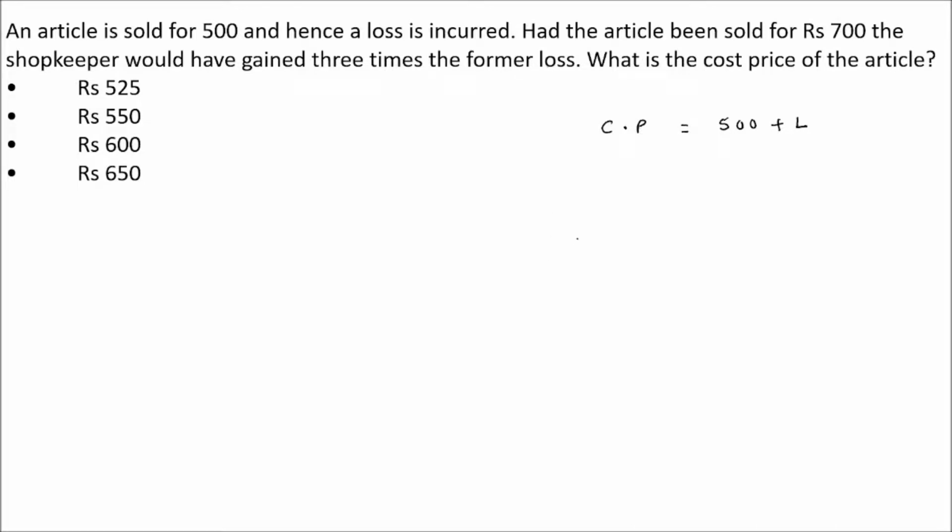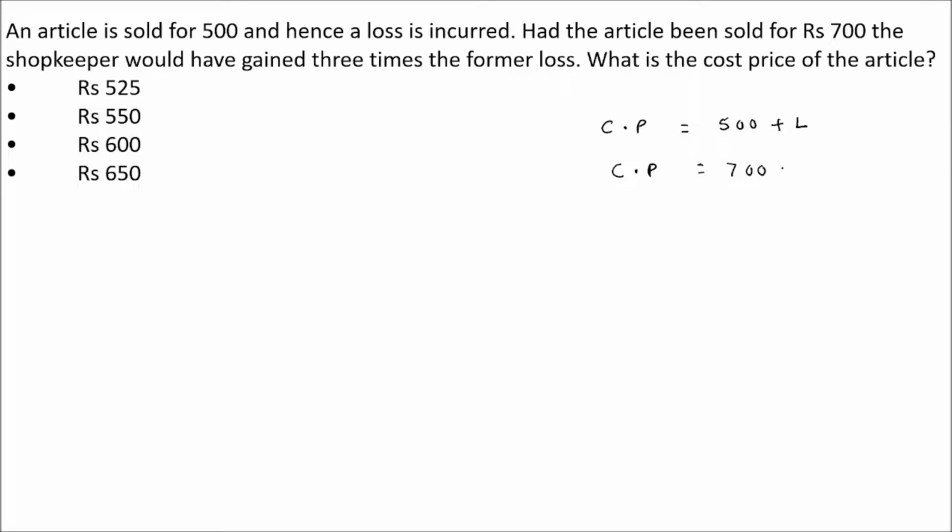That means the cost price is equal to 700, minus 3 times the loss, since the profit is 3 times the loss.